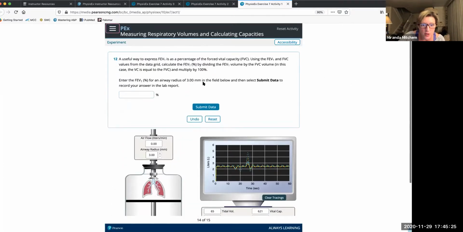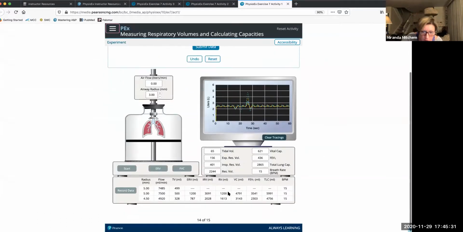Okay, so now we're going to look at that same ratio, but looking at the radius of 3 millimeters. So let's go down here. Okay, so we're taking 436 and dividing it by 621. We're using the vital capacity as the forced vital capacity here.